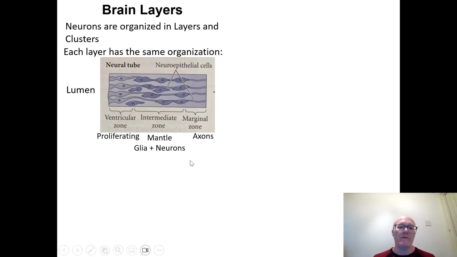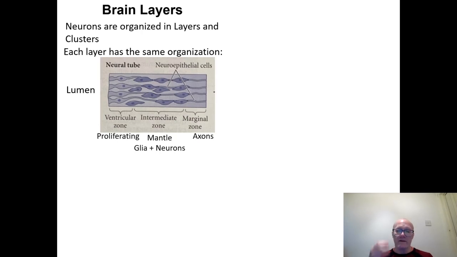More externally, we find the marginal zone, and in the marginal zone, we find mostly the projections from the neurons, so the axons. It is very interesting because the marginal zone, which is rich in axons, is also referred to as the white matter.